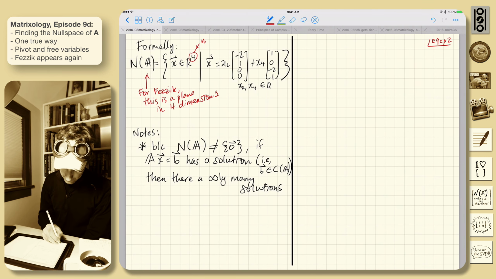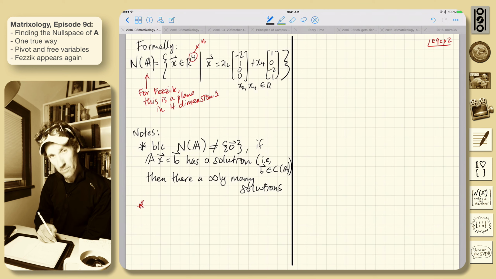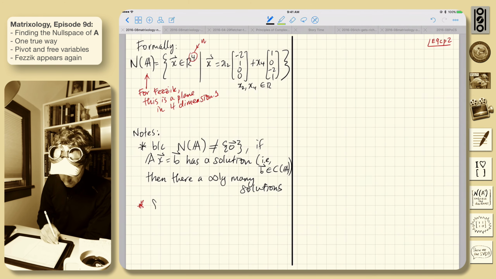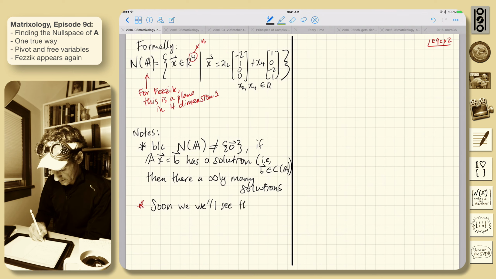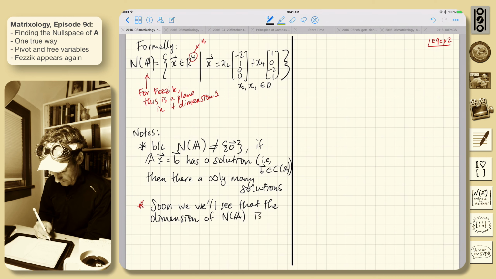And then soon, in the excitement that is matrixology, soon we will see that the dimension of the null space of A in general is, right, like this.